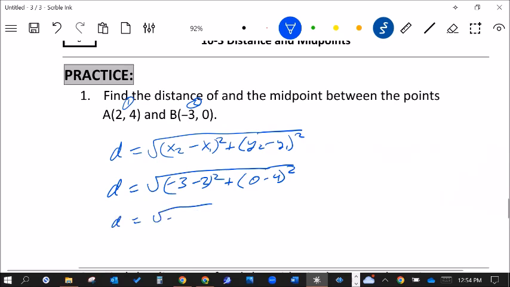Okay, so we have -5 squared plus -4 squared, which is 25 plus 16, so that's the square root of 41. Okay. And the square root of 41 is approximately 6.4.